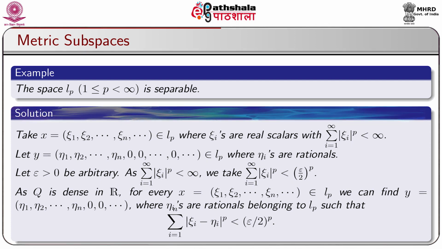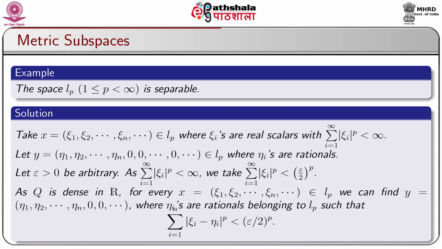Take x an element of l^p, where x is taken as (ξ1, ξ2, ..., ξn, ...), where the ξ's are real scalars with the sum from i equal to 1 to infinity of |ξi|^p less than infinity. Take another element y = (η1, η2, ..., ηn, 0, ...) belonging to l^p, where the ηi's are rationals.